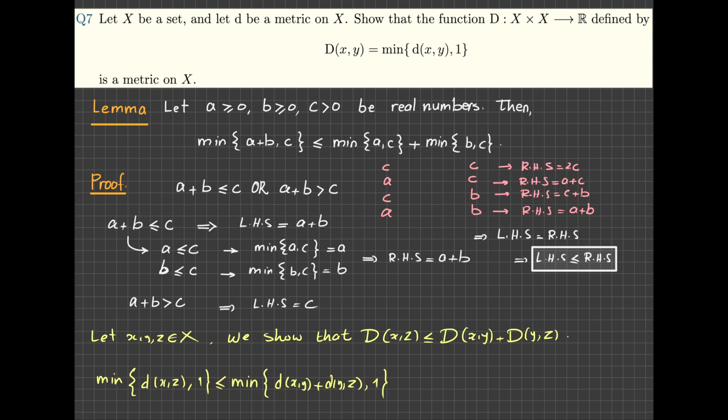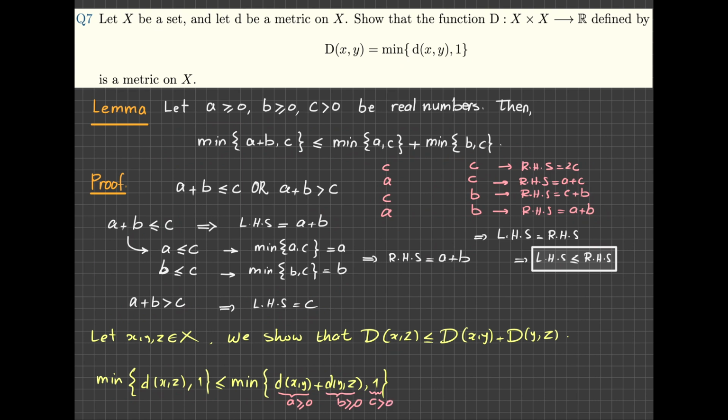But now look, here I want to give the role of little a to this number. I want to give, from the lemma, the role of little b to this number and give the role of c to this number. Are they satisfying my conditions? Yes, because d is a metric, its output is a non-negative number, so it is guaranteed that a is non-negative, b for the same reason is non-negative, and you see that 1 is strictly positive.